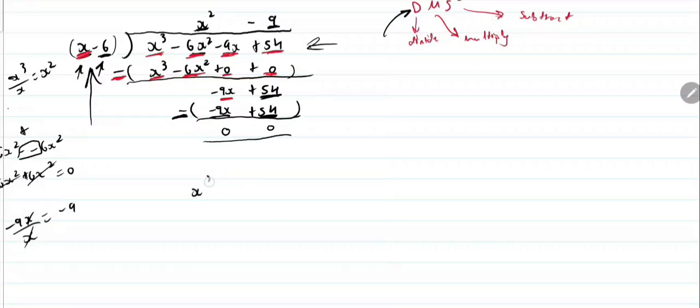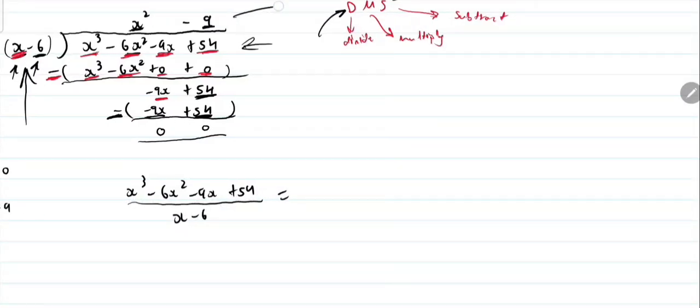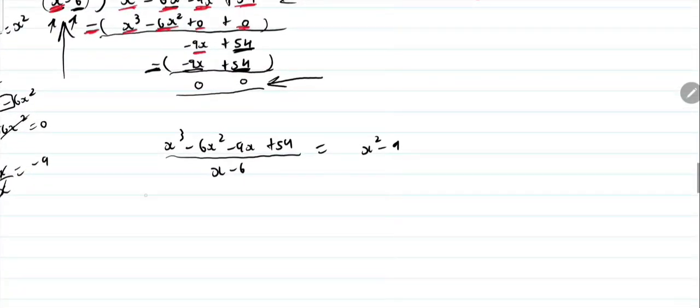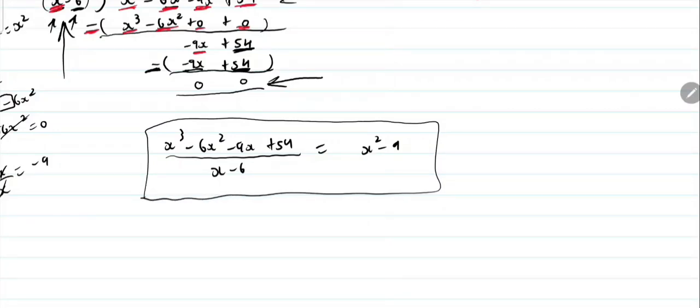So it's going to be x cubed minus 6x squared minus 9x plus 54 over the divisor, which is x minus 6, is equal to the quotient x squared minus 9 plus the remainder divided by the divisor. Right? Since the remainder is 0, then I don't have to write anything else. So this is my answer here. This is how I set it up.